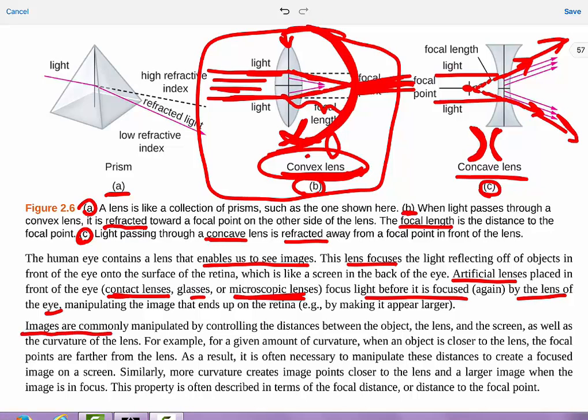Images are commonly manipulated by controlling the distances between the object, the lens, and the screen, as well as the curvature of the lens. So in a microscopy lab, changing the distance between these things is done often. So changing the distance between the object and the lens: moving the stage on the microscope up and down is changing where the object is to try to get it into focus.